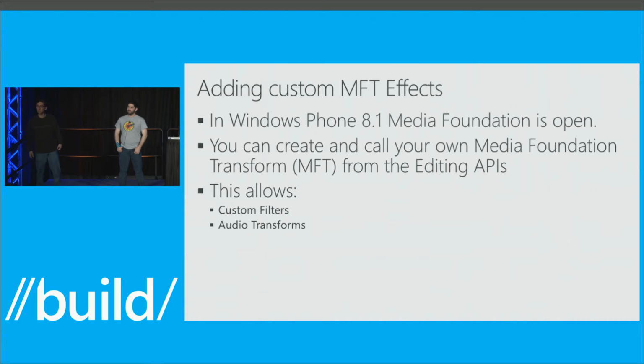I noticed in the samples that there was a little drop down of effects, and you mentioned that MFTs are really hard to write, and also Microsoft is open sourcing a lot of stuff. So I was wondering if it's possible to retrieve the code for some of the sample effects, like grayscale, or is that a no-go? We're looking at chunks of things to make available. I think probably the team that's now working on that is going to take a look at getting a basic shared library out, which would include things like that.